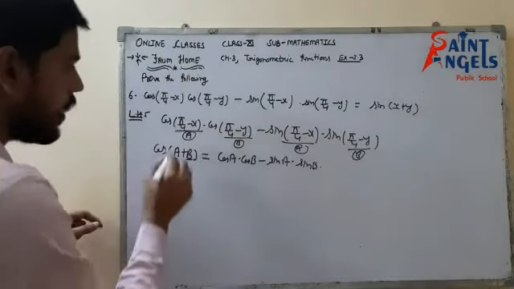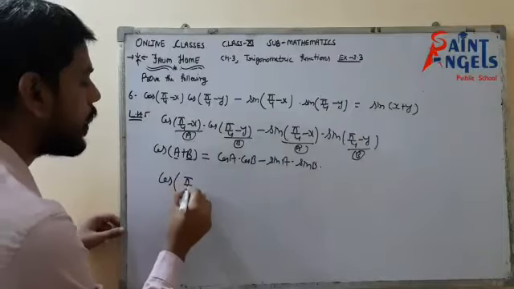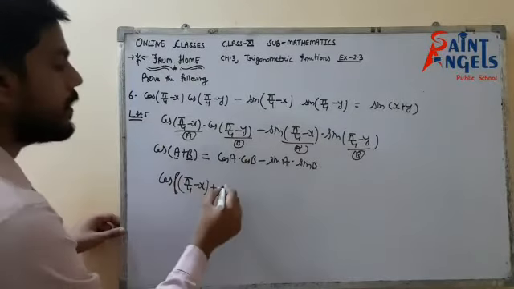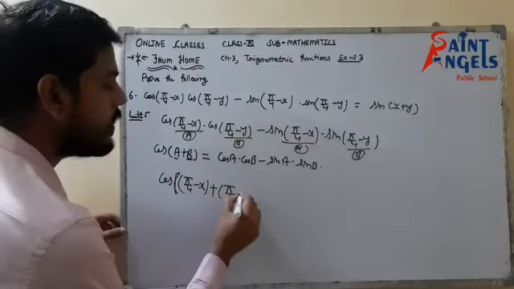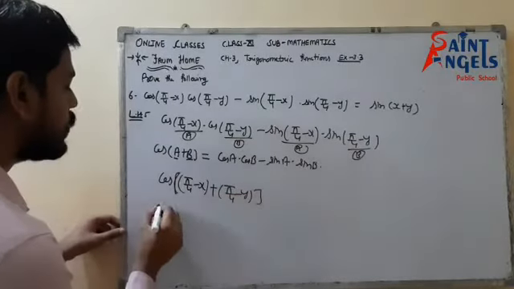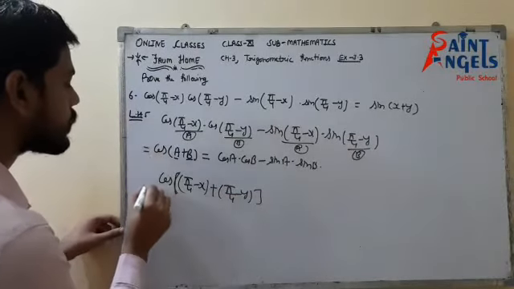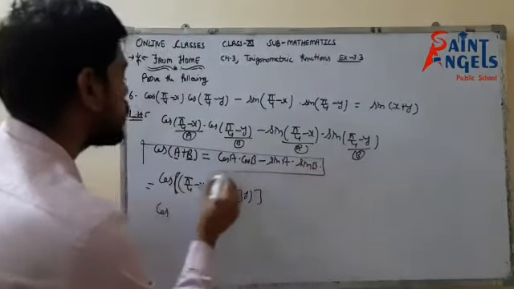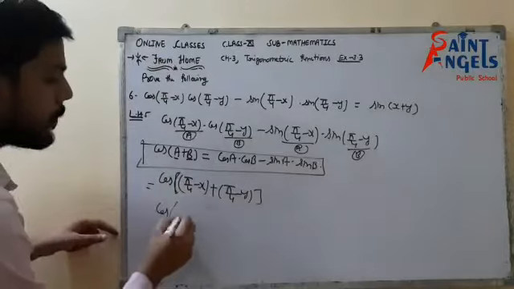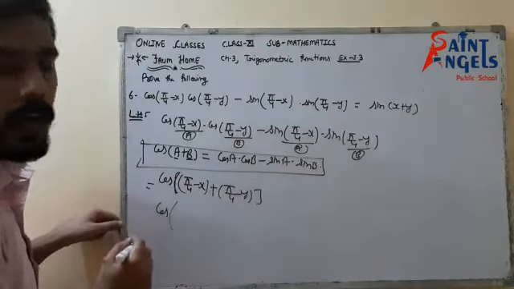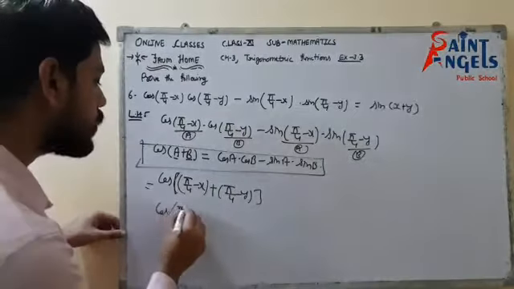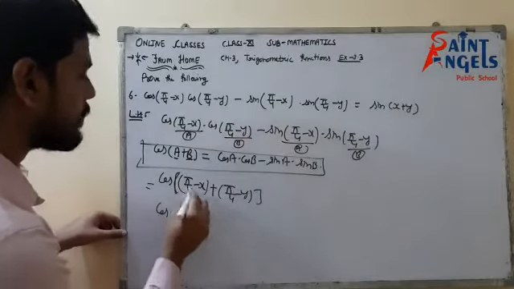It means cos a, that is pi/4 - x, and b, that is pi/4 - y. So this was the formula we have used. So cos, beta, pi/4 plus pi/4 will be how much? 45 plus 45 is 90, that is pi/2. Cos(pi/2 - (x + y)), taking minus common.